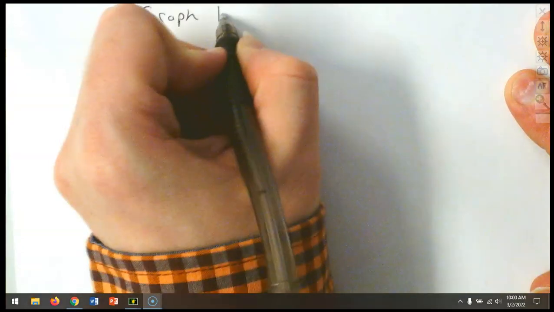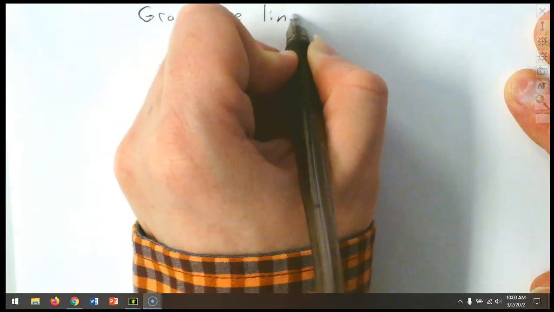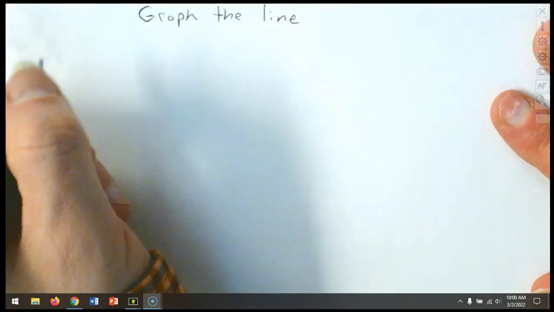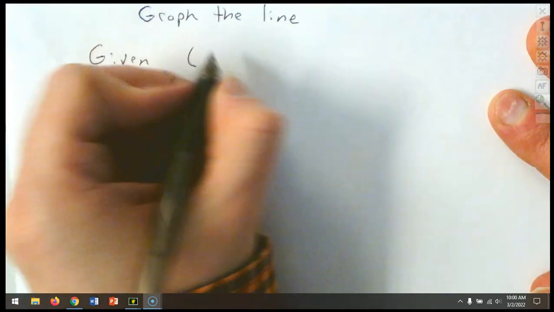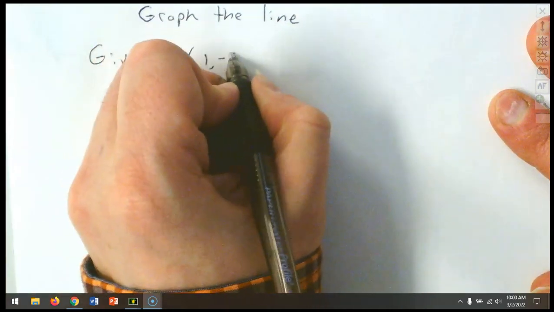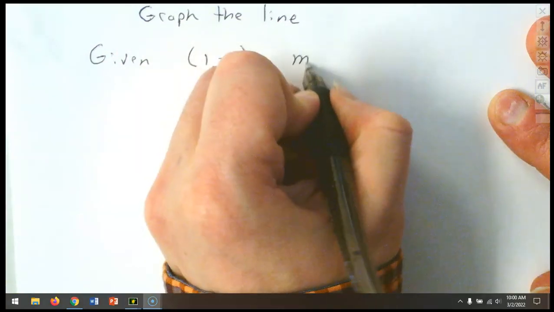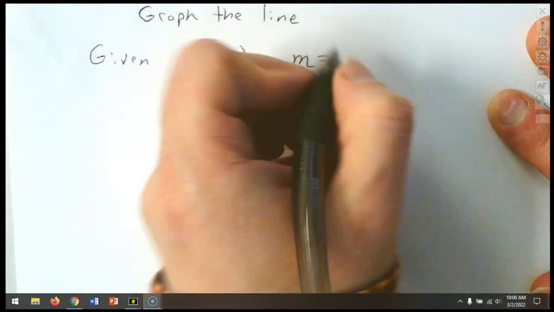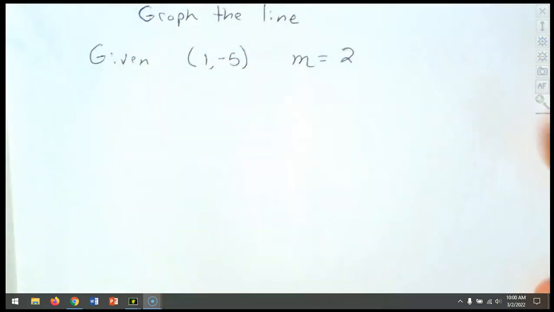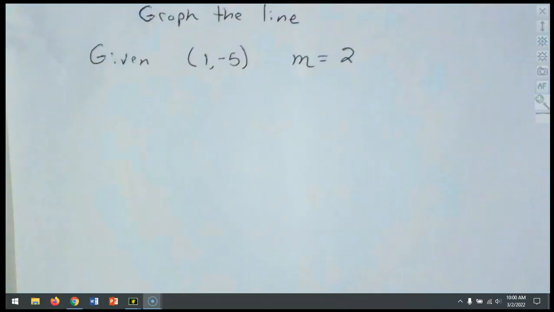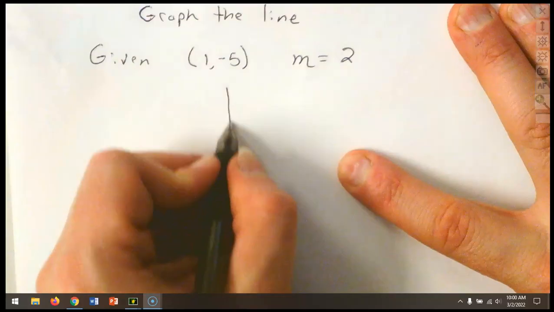We're going to go ahead and now graph the line. You're going to be given a point and a slope. So easy enough. Plot our point.